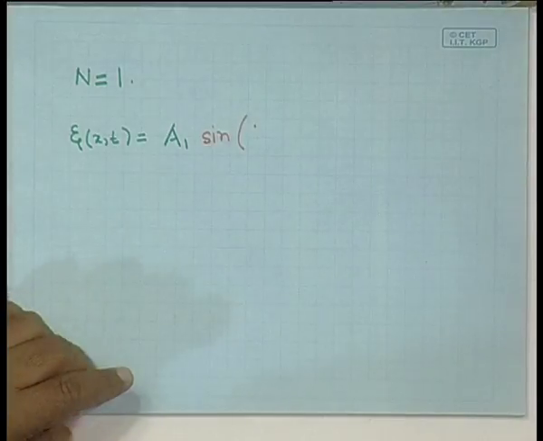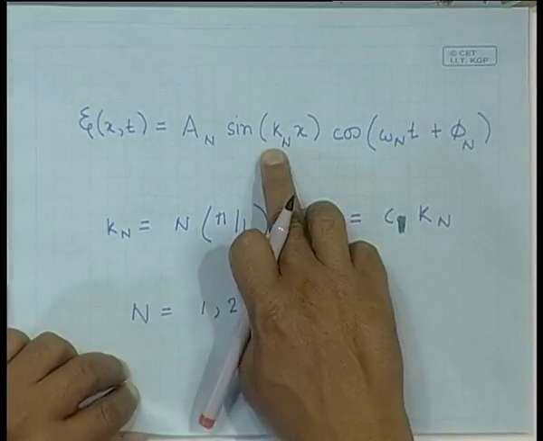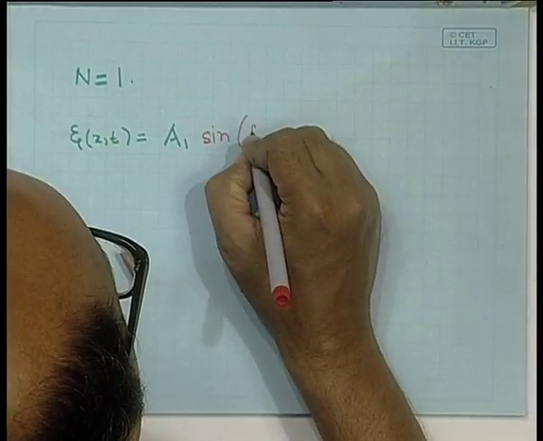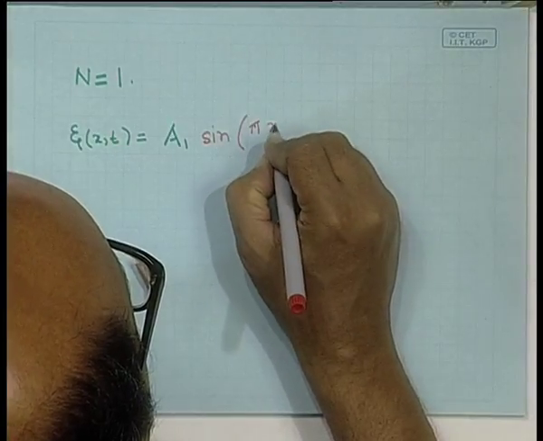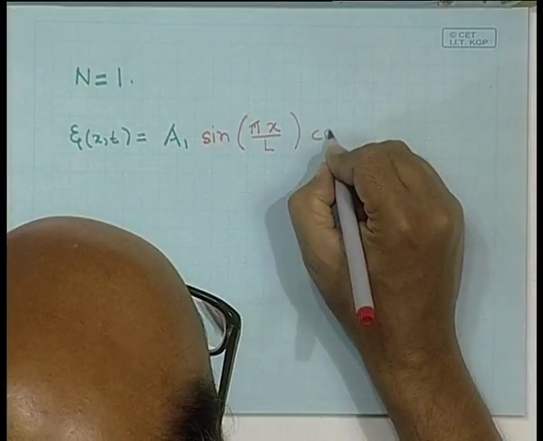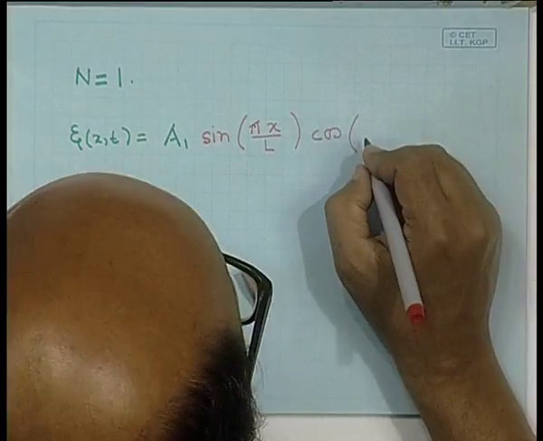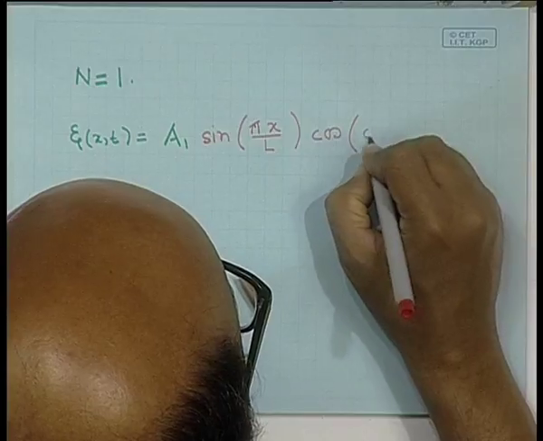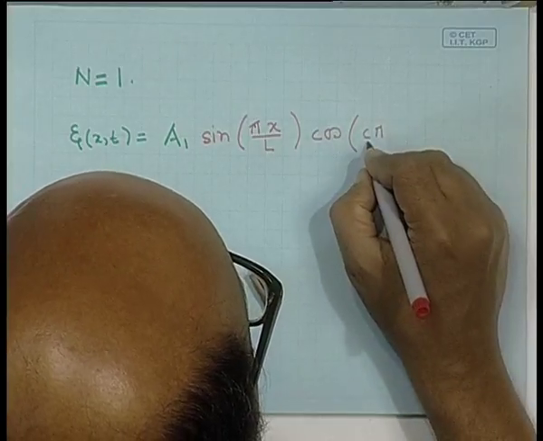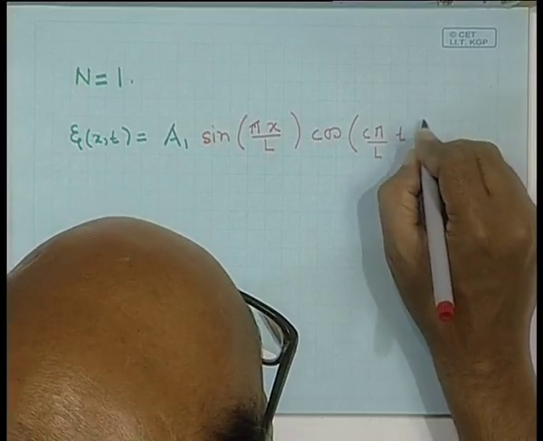So k1 is pi by L, so this becomes pi x by L, into cos omega t. So, omega is going to be C pi by L, that is C into k1. So, C pi by L into t plus phi 1, let me set it equal to 0.